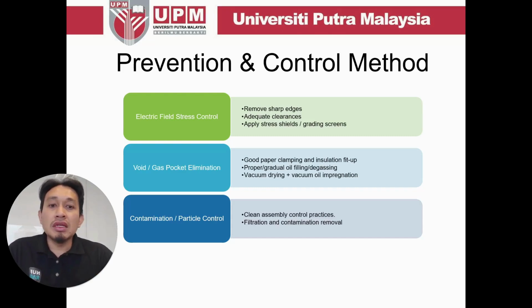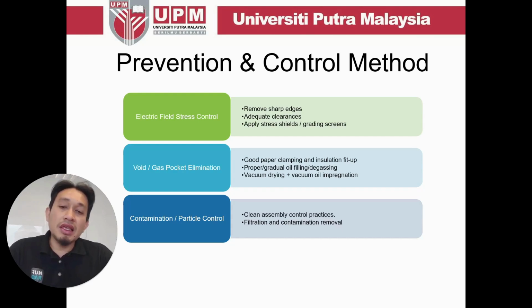And while filling the transformer with the liquid insulation, the filling is done properly and gradually so that gassing activity does not occur. The things that we can do is executing the vacuum drying or vacuum oil impregnation.